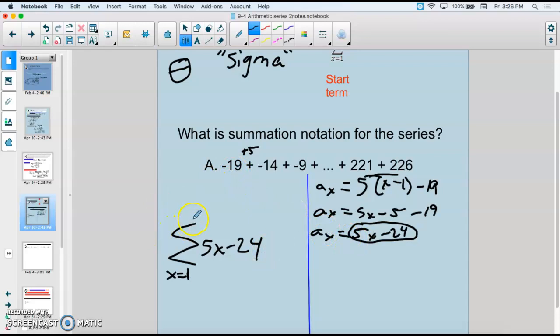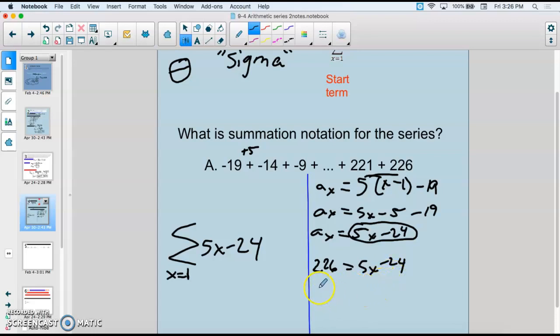Now, I still have to figure out how many terms this goes out to. So what I'm going to do is plug in 226 into here. I need to figure out what x is. What term is this? So 226 equals 5x minus 24.